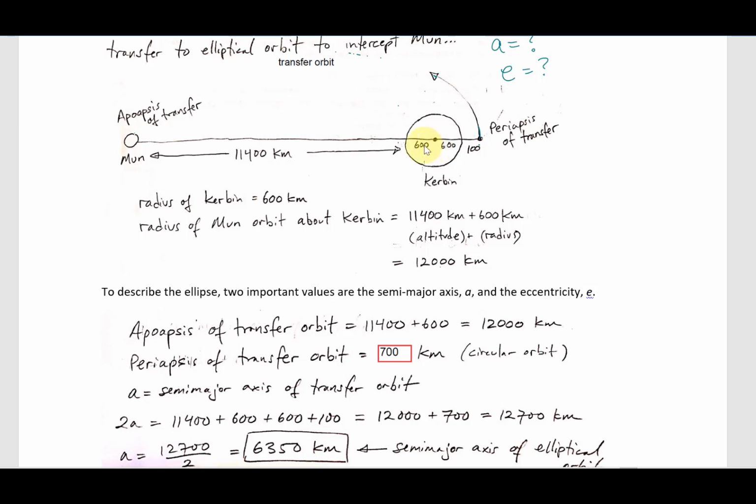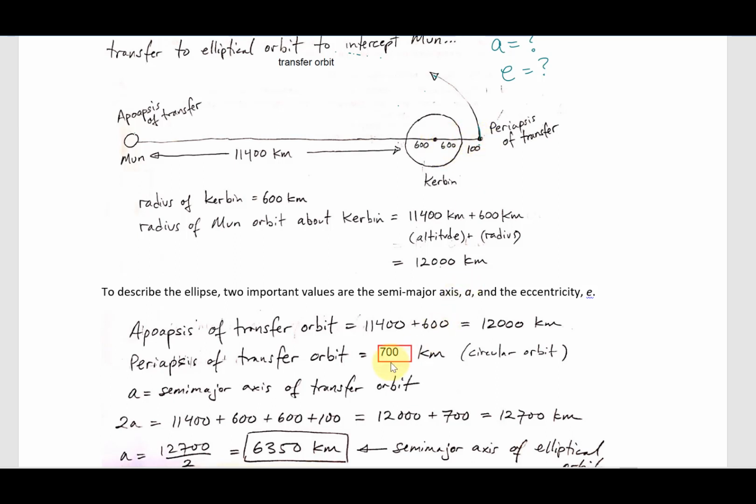So the apoapsis is the farthest distance in our orbit from the focus, so that's the 11,400 plus the 600. That's a 12,000 kilometer apoapsis, and the periapsis of this transfer orbit is the distance from the primary focus of the orbit to the periapsis, which is 600 plus 100.